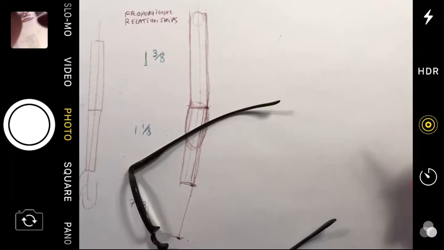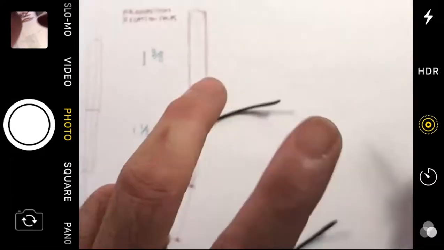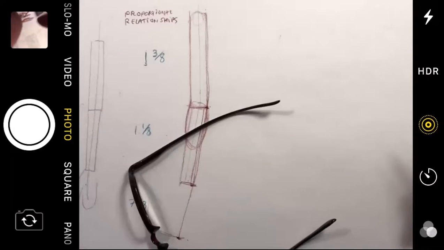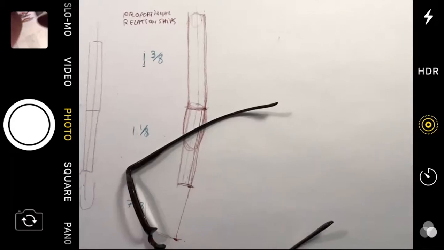More or less. So feet, the same thing. I want to look at the feet of my figure, compare them with the head and see that those two measurements relate properly to each other, right?